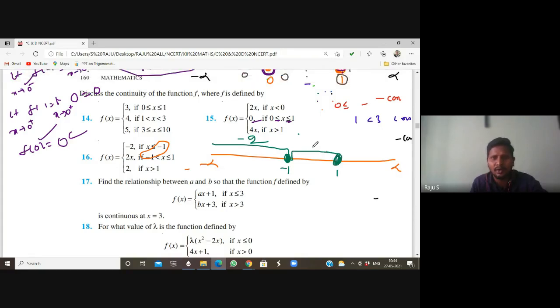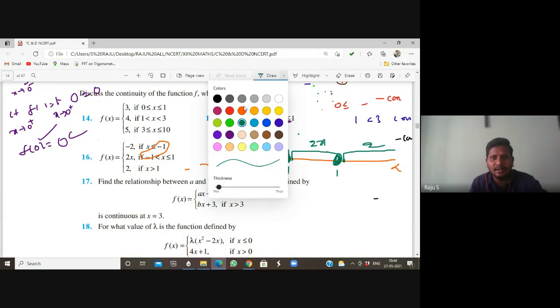We can include 1. What is the function they given? 2x. Now greater than 1, we cannot include 1, so from 1 to plus infinity, 2. So how many cases are there here?